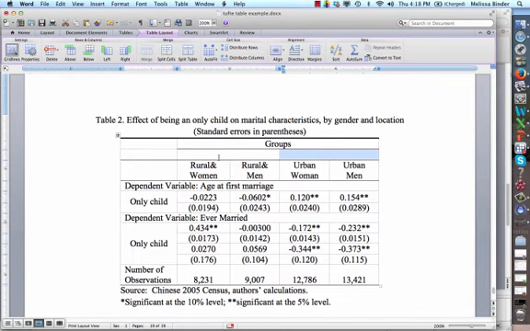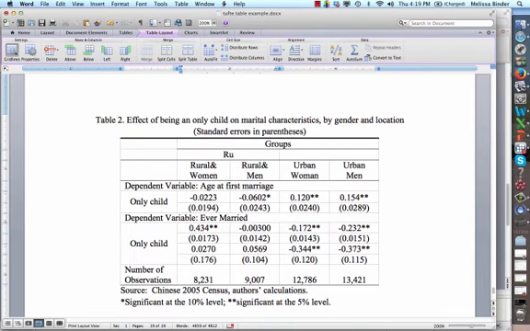Okay, and then I'm going to bring rural up here. Well, actually, let me think about this. Women and men get married at different ages, so we probably really want to be comparing the women to the women and the men to the men. So I'm going to actually, no, you know what? I'm just going to leave it for now.